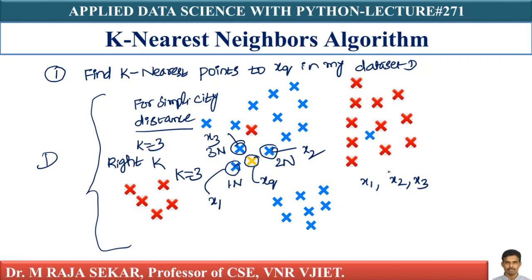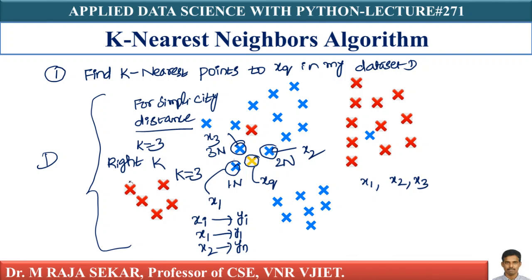For each of these x's, I have corresponding yi's. For x1 I have y1, for x2 I have y2, and in a similar manner, for xn I have yn.